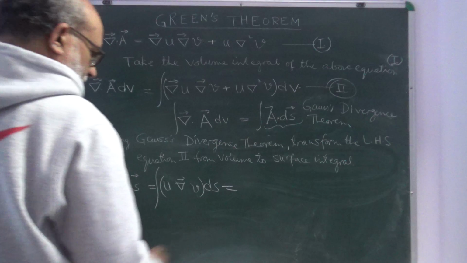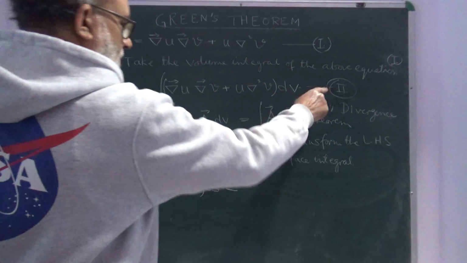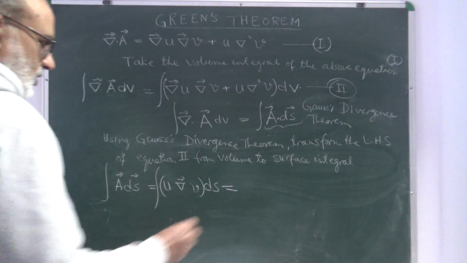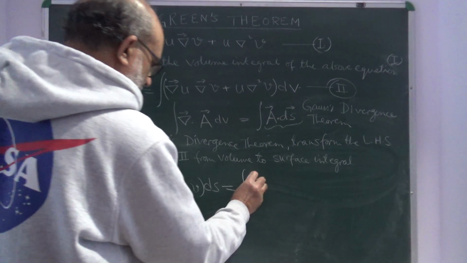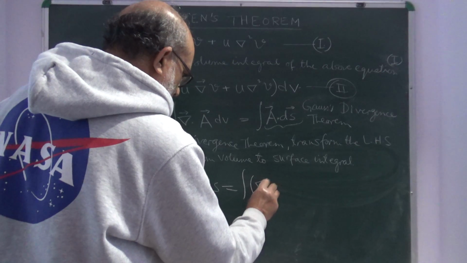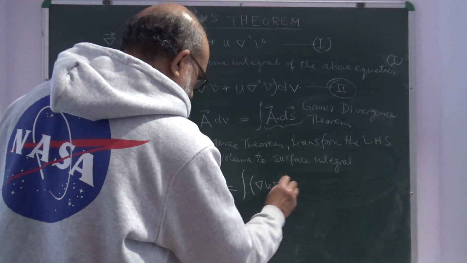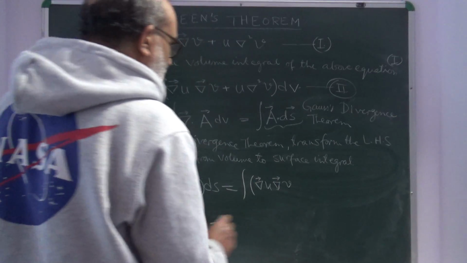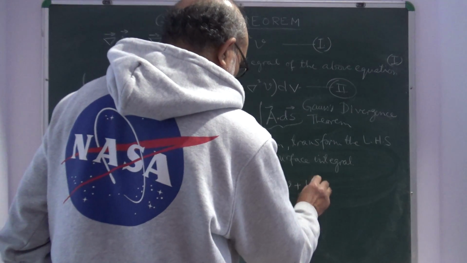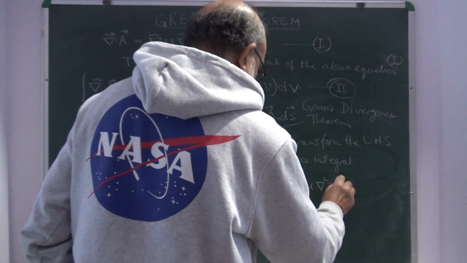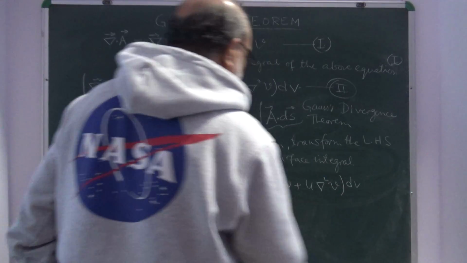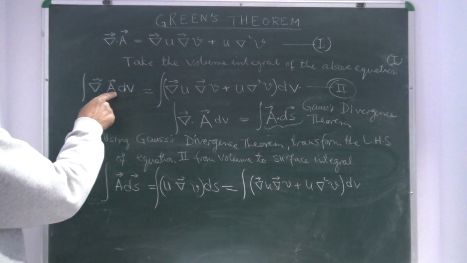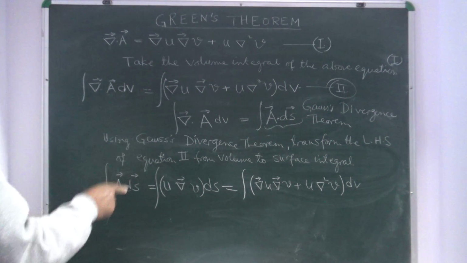Everything else remains the same: gradient of u dot gradient of v plus u del square v dV. So the left hand side is changed to a surface integral.